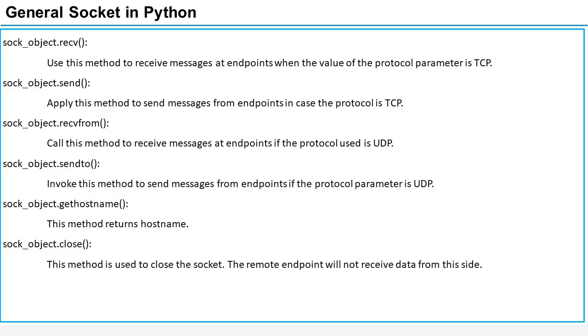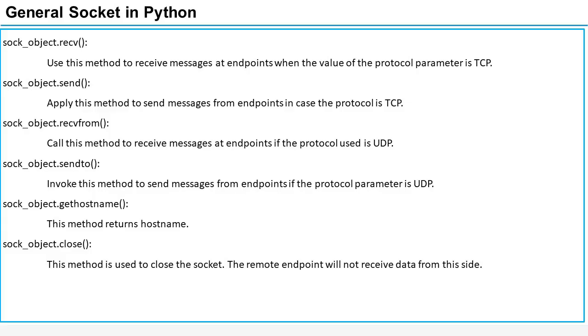Send applies this method to send messages from endpoints in case the protocol is TCP. Next, receive from, which is given as recvfrom. Call this method to receive messages at endpoints if the protocol used is UDP. Sendto. Invoke this method to send messages from endpoints if the protocol is UDP.